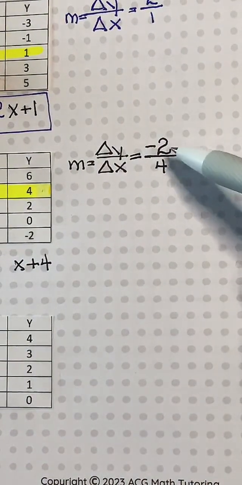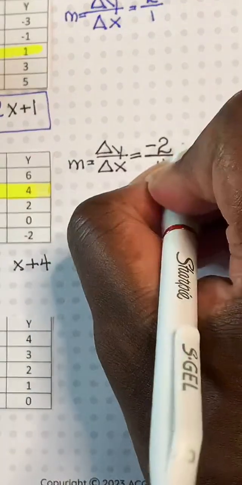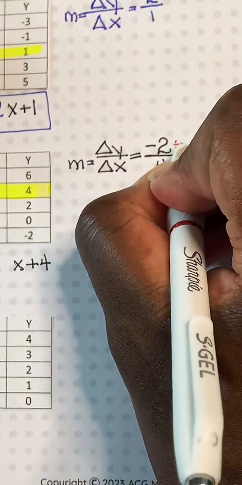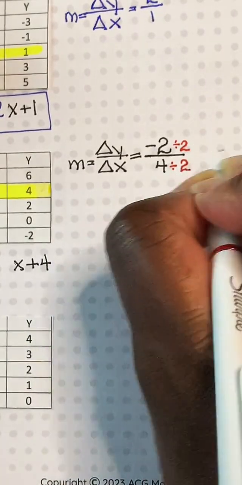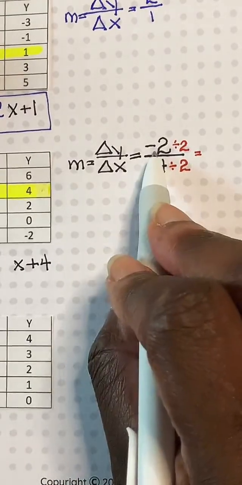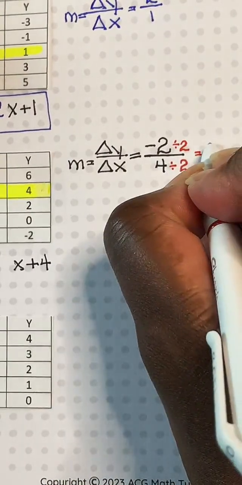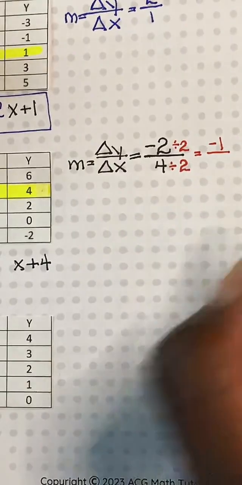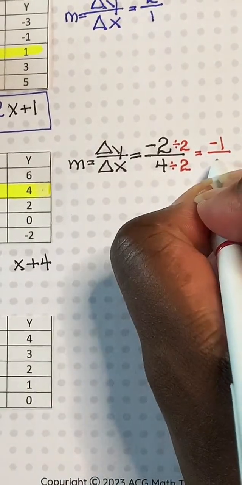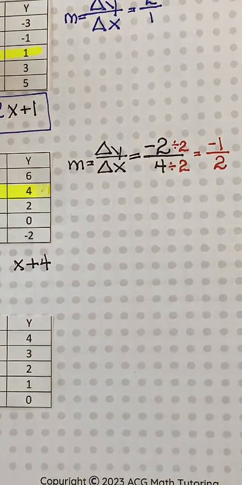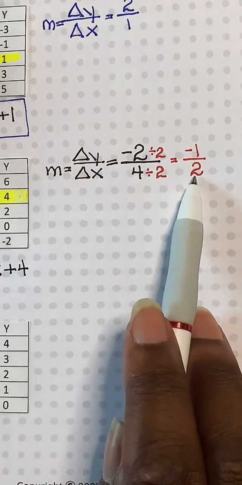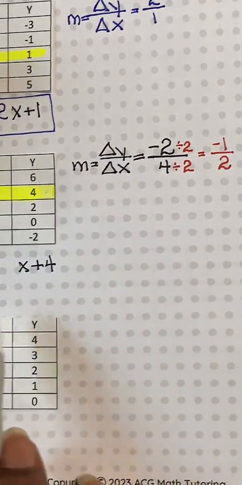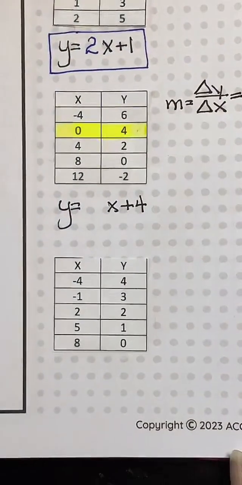Since 2 and 4 are both even numbers, they can be divisible by 2. So if I divide both that numerator and that denominator by 2, -2 divided by 2 gives me -1. And then 4 divided by 2 gives me 2. That's how you simplify fractions. So this -1/2, that's your slope.